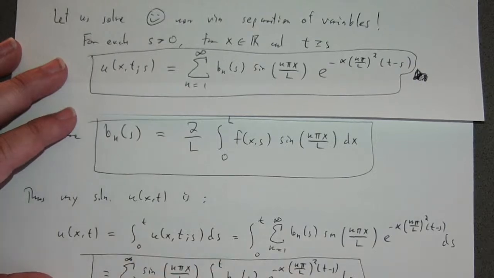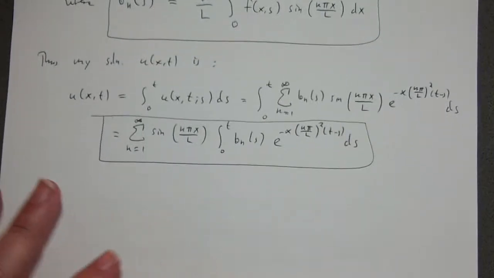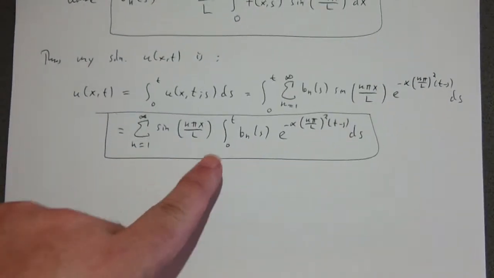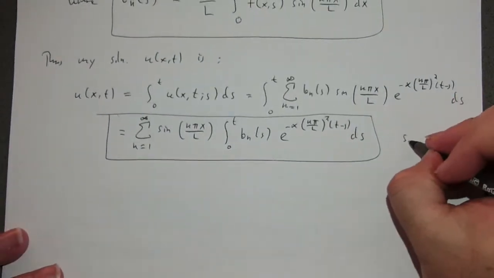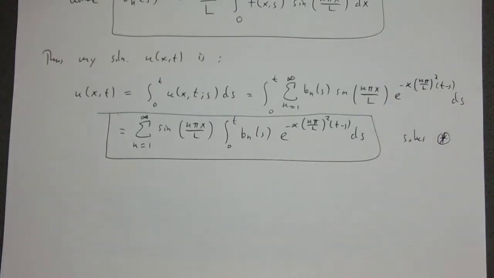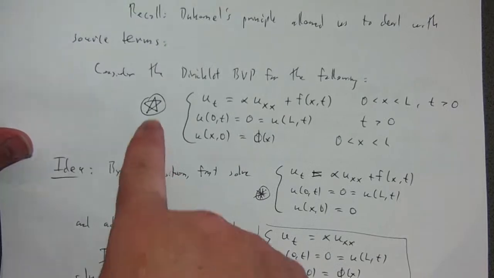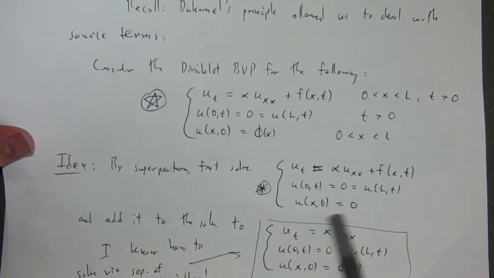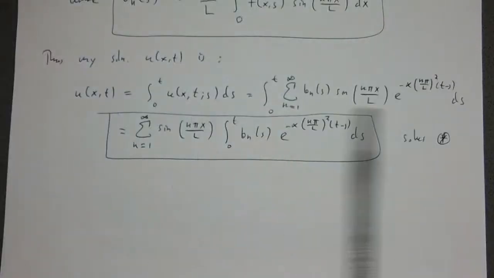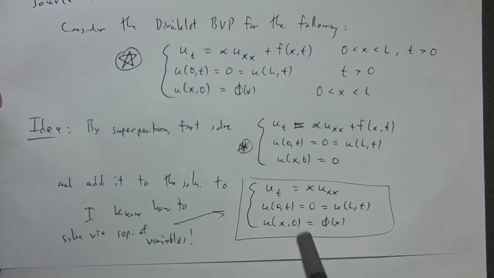This is my u of x, t that solves asterisk, which is here. Thus, a solution to my original problem is this solution I've written down here, added to the previous solution of the homogeneous Dirichlet boundary conditions diffusion equation.